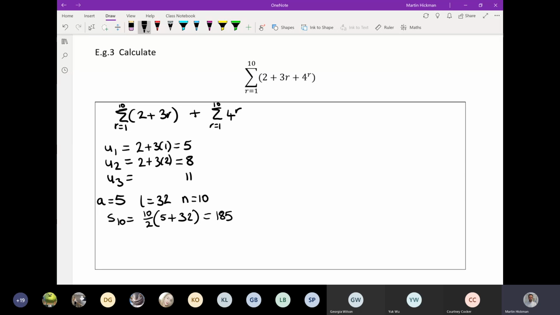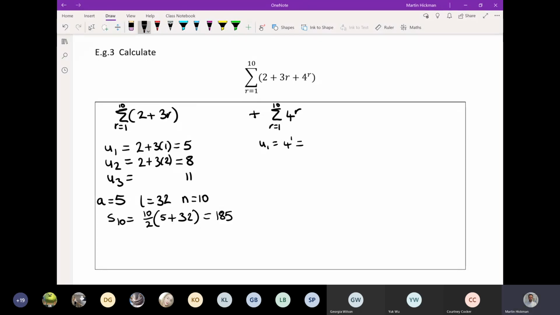So now separating this into the next part, I'm just going to move this along so it doesn't get mixed up with the other parts. So now we'll work out the sum of the 4 to the power of r's. And yet again, you might be able to spot whether this is arithmetic or geometric right away as you get used to this, but just in case, I'll just show you why it's geometric, not arithmetic.